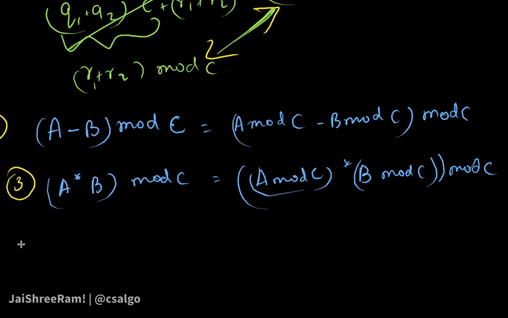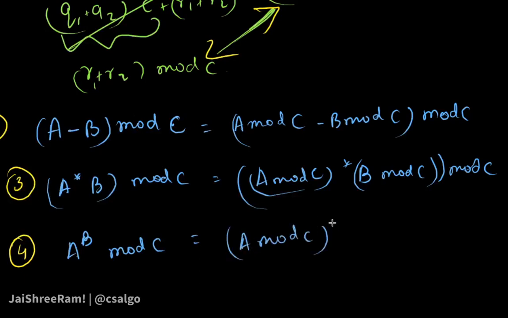Okay. Another theorem that can help you at times is when you need to find a to the power b mod c, and this is same as (a mod c) to the power b again taken mod c. Now why is this? You can think in terms of binomial theorem.